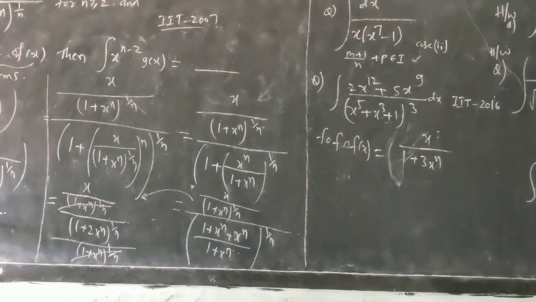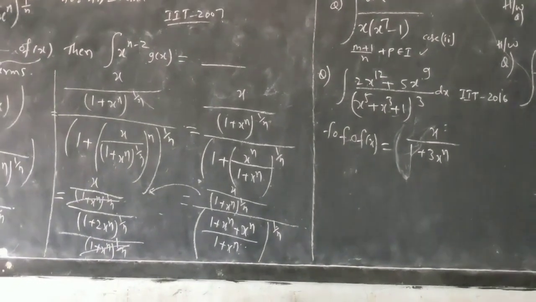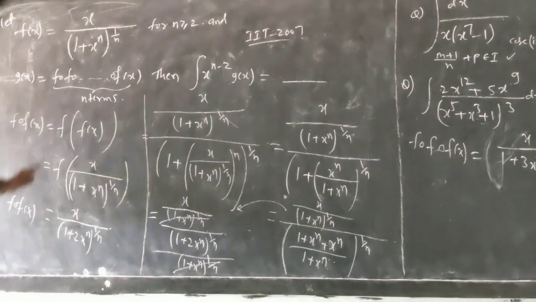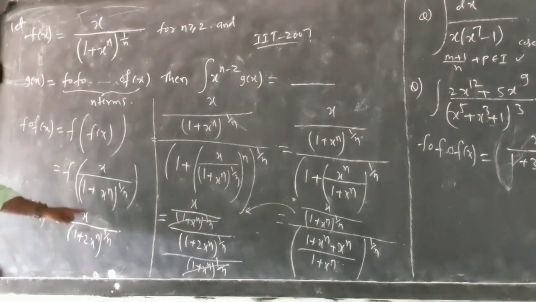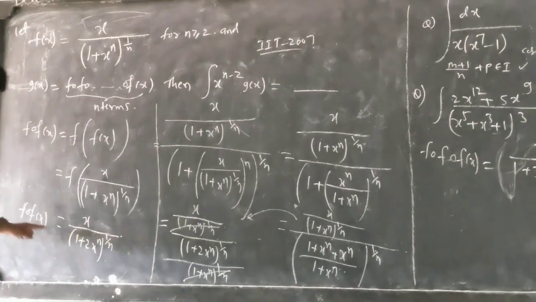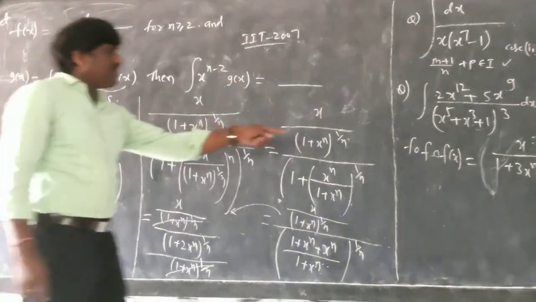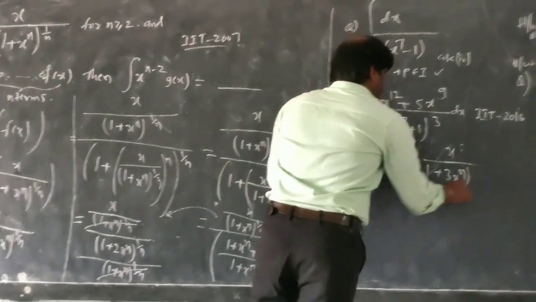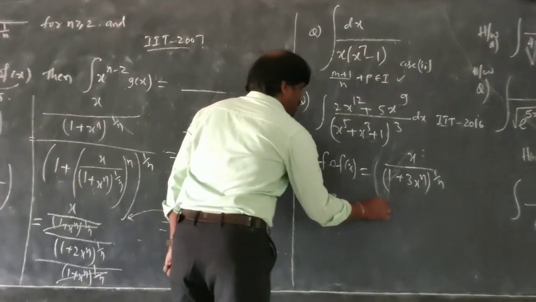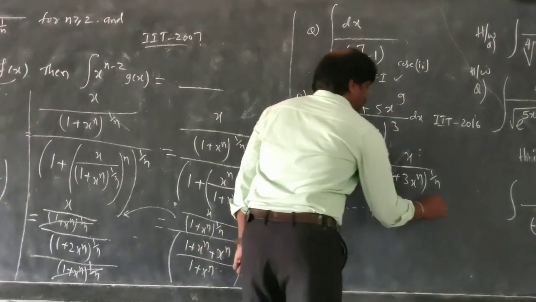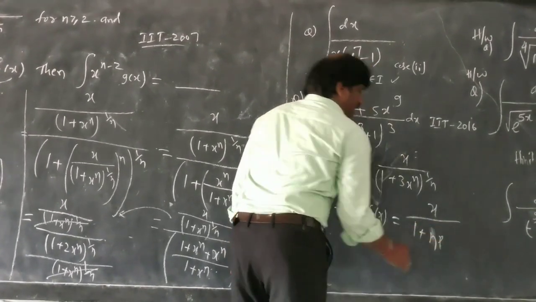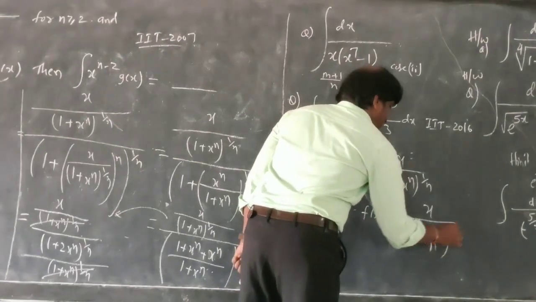First one is x upon (1 plus x power n) whole power 1 by n, which has one coefficient. But if the question is the same, f applied 2 times gives 2, f applied 3 times gives 3 here. Like that, n times, I will get x upon (1 plus nx power n) whole power 1 by n.